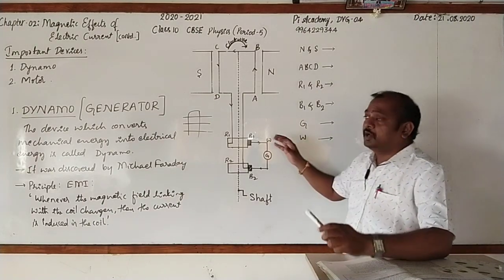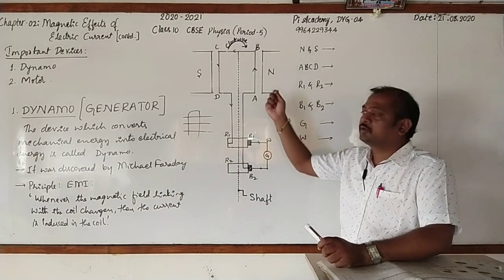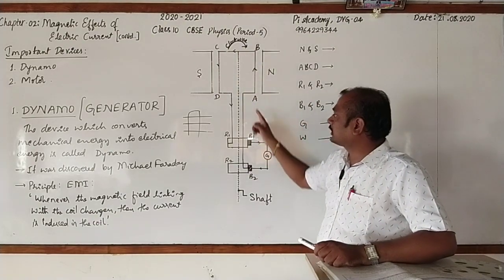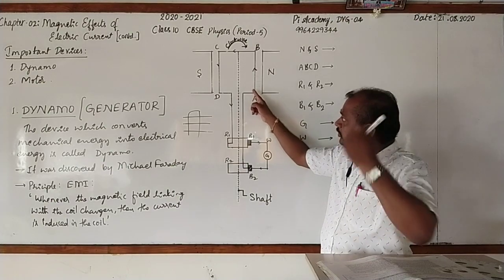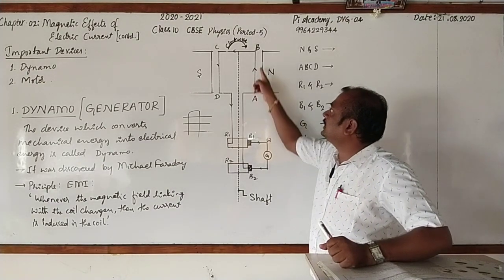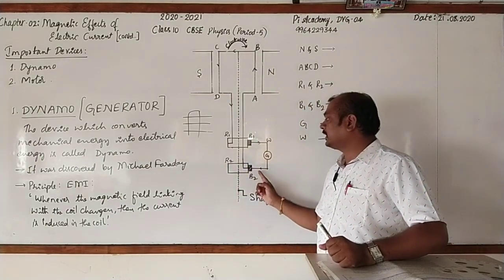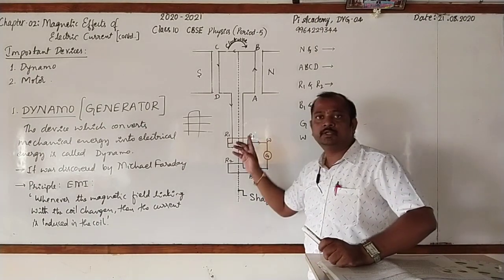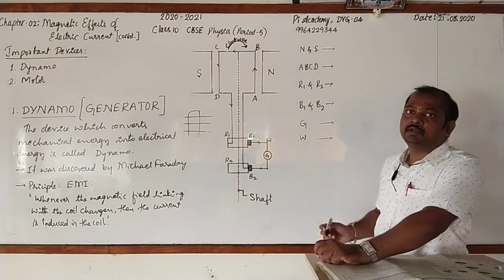Then again, when you continue to rotate the coil during the next half rotation, the current in the coil induces and flows through D, C, B, A, and A comes in contact with B2. Current in the external circuit flows from B2 to B1. I hope that you have understood.